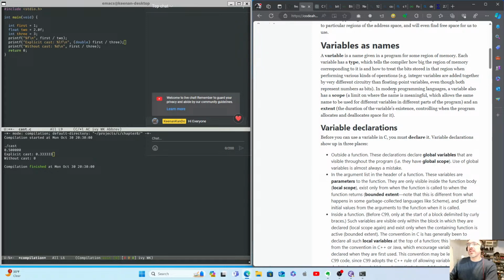In modern programming languages, a variable also has a scope, a limit on where the name is meaningful, which allows the same name to be used for different variables in different parts of the program, and an extent, the duration of the variable's existence, controlling when the program allocates and deallocates space for it. So a variable has a scope and an extent.